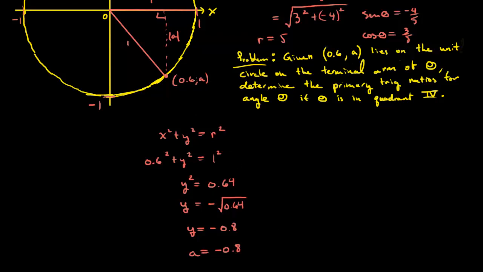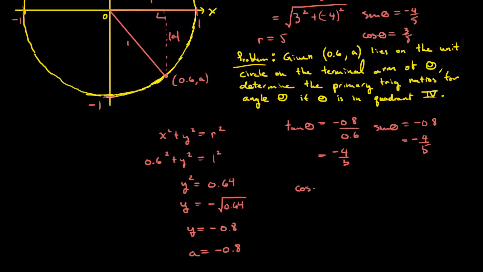So now we can figure out what the primary trig ratios are. The tangent of theta is going to be the y value, which is negative 0.8, over the x value, which is 0.6. And this, of course, simplifies to negative 4 over 3. The sine of theta is the y value divided by the radius, which is negative 0.8. Sometimes we would want to rewrite this as a fraction, so this would be negative 4/5.